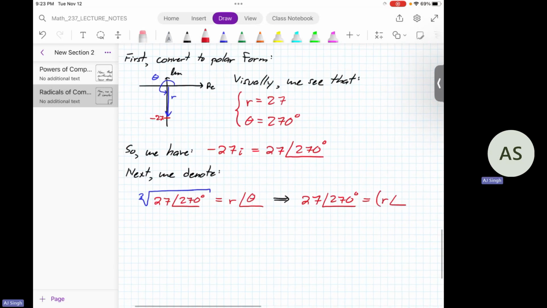So it'll be r angle theta cubed, and then we can do de Moivre's theorem. r cubed angle 3 times theta. So that was de Moivre's theorem.